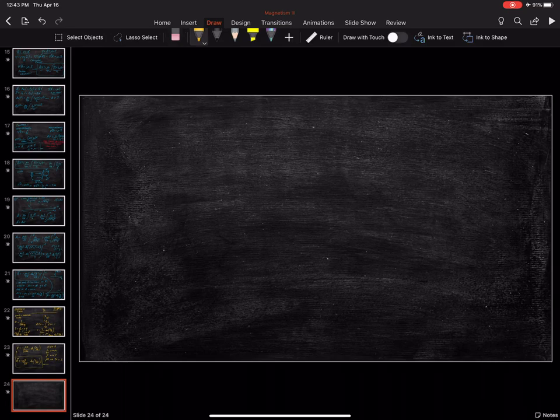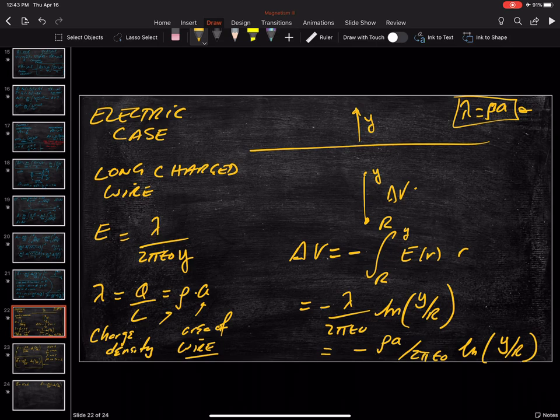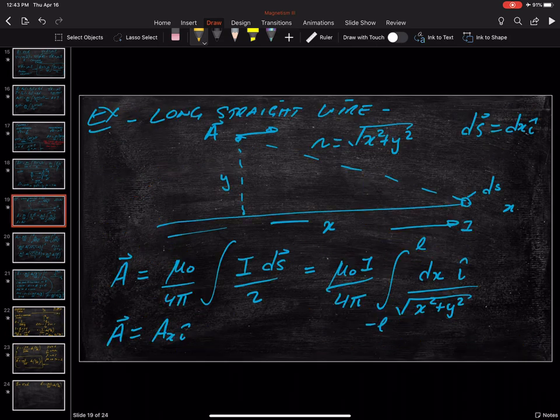The magnetic field is the curl of A. And if my A is minus mu naught I over 2 pi natural log of y over r, for this spot up here, if the current's heading in this direction, B should be pointing out of the board.